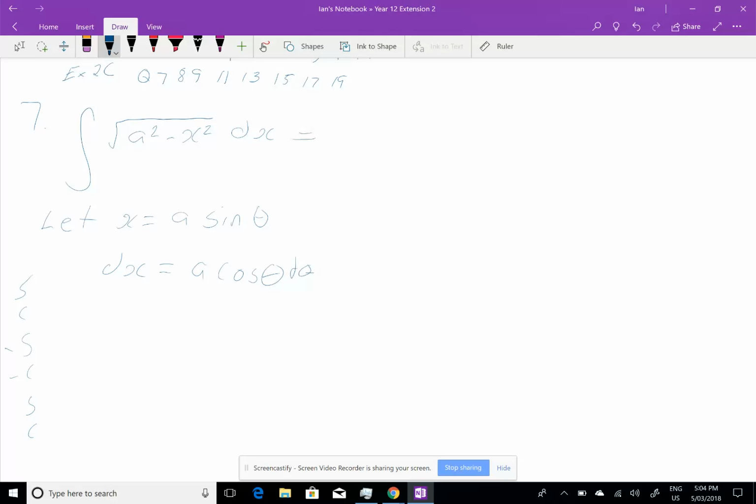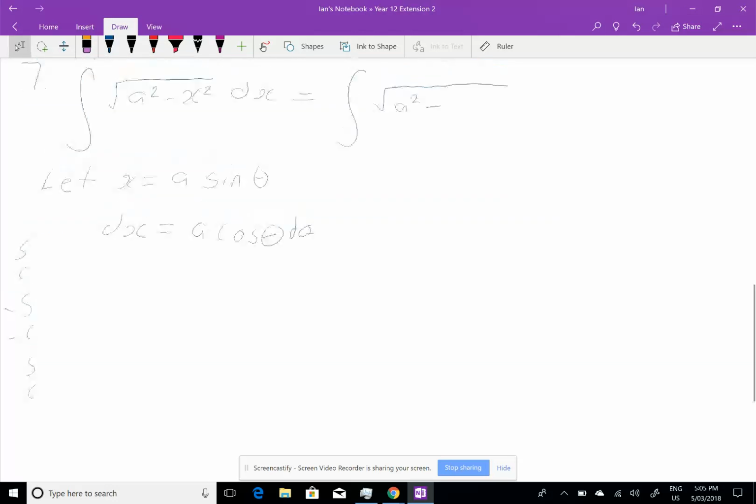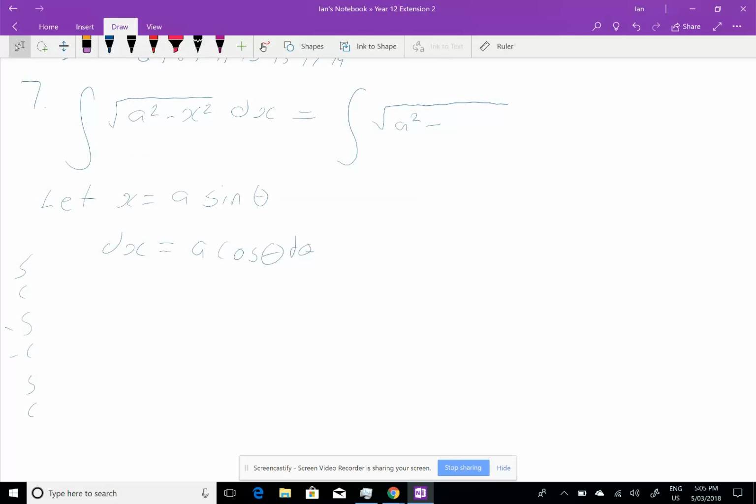So here we go, equals the integral of a squared minus, now, better do this, if x equals a sine theta, x squared equals a squared sine squared theta.